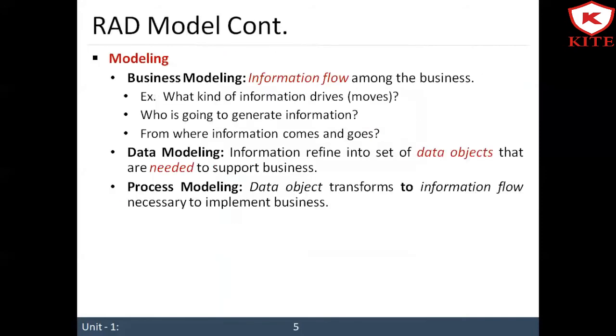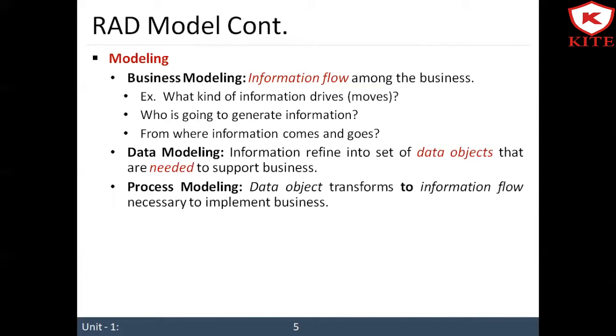Business modeling means, modeling encompasses three major phases: business modeling, data modeling, and process modeling, and establishes a design representation that serves as the basis for rapid application development's construction activity.